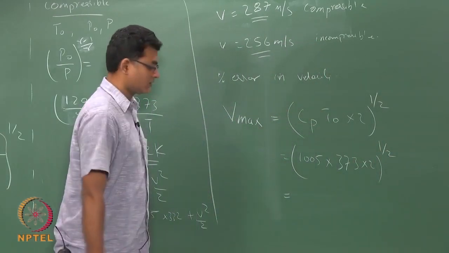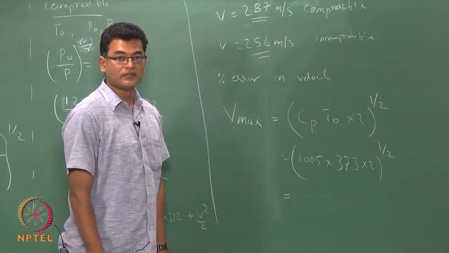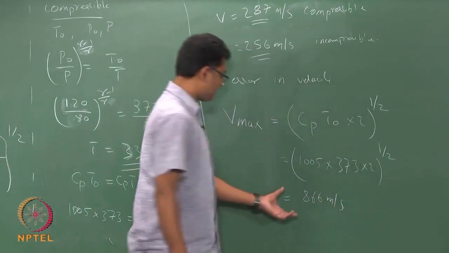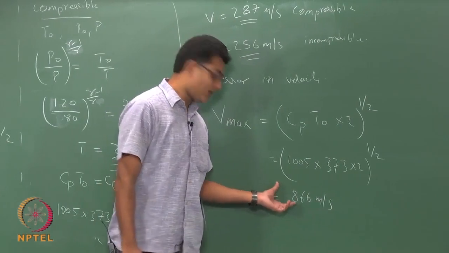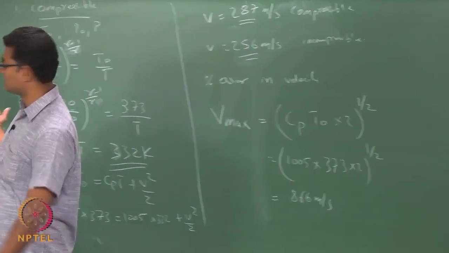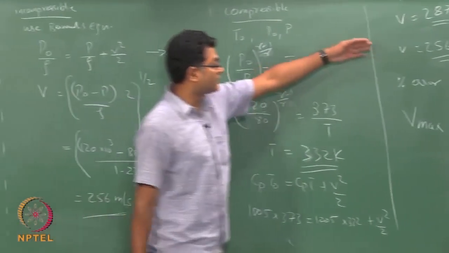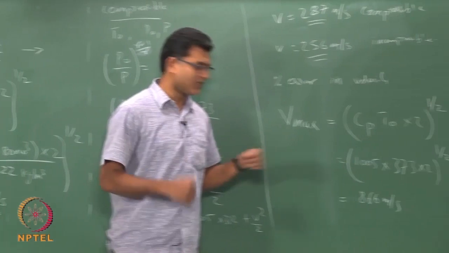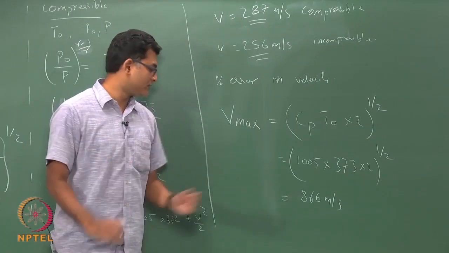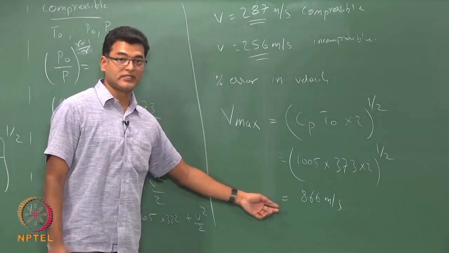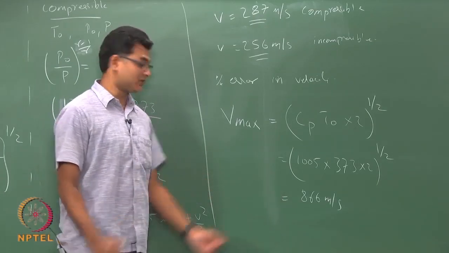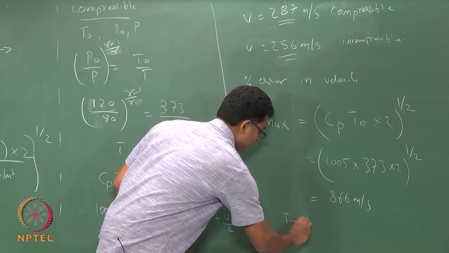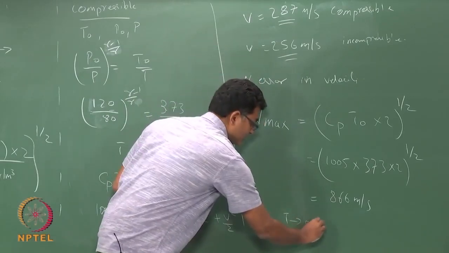So, this is 866 meters per second. This is the maximum possible velocity that you can achieve in this scenario with this T0. You are converting the entire heat content to the kinetic energy, which is not achievable, because the temperature would reduce to 0 Kelvin. So, hence it is not possible.